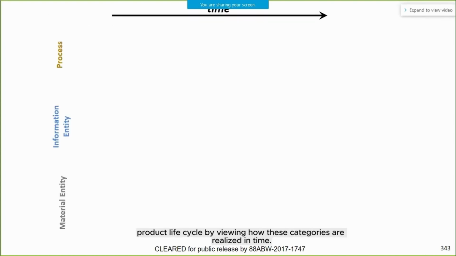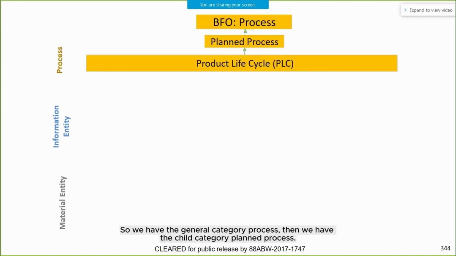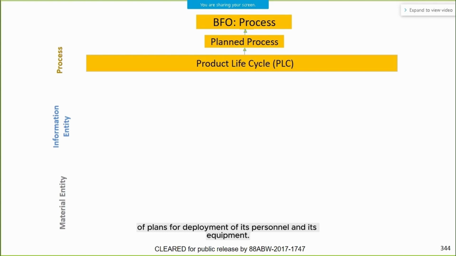And now we're going to do the product life cycle by viewing how these categories are realized in time. So we have the general category process. Then we have the child category planned process. That's the processes that you're supposed to realize. And the Air Force has all kinds of plans for deployment of its personnel and its equipment.